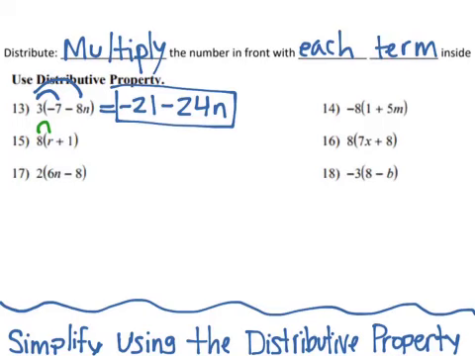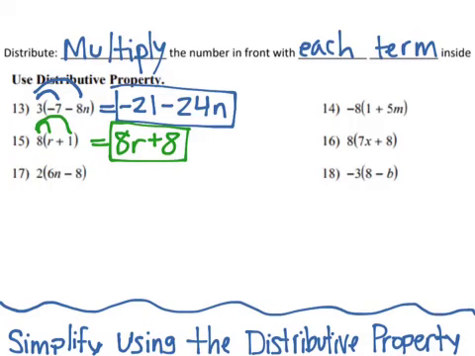So 8 times r equals 8r, and then 8 times positive 1 is just positive 8. Now when you're doing this, make sure to include the signs in the middle, otherwise your expression isn't going to make sense. So we know that 8 times r plus 1 equals 8r plus 8. And once again, we can't combine like terms in this one.